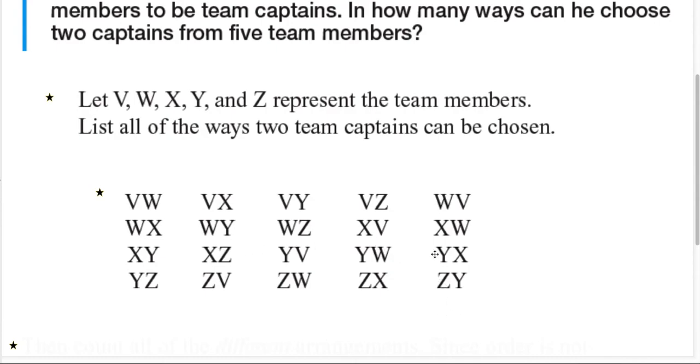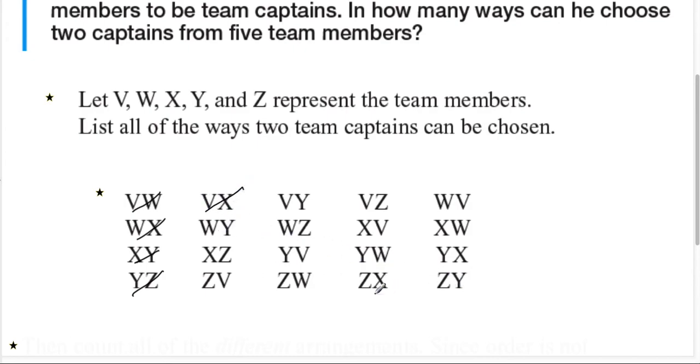But remember, order is not important in a combination. VW is the same as WV, so we simply erase one of them. WX is the same as XW. XY is the same as YX. YZ is the same as ZY because order is not important.